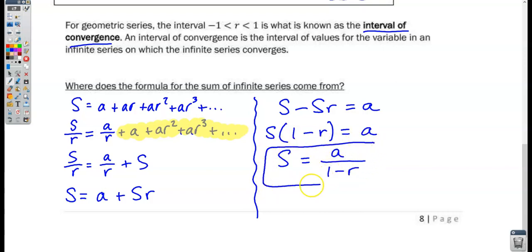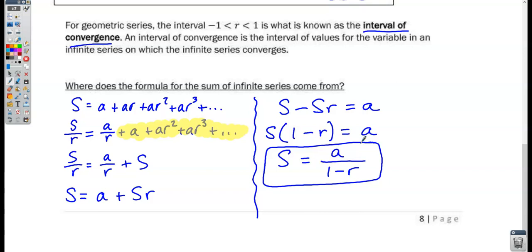And boom. There's where our formula comes from. Okay, and that holds any time that the absolute value of R is less than 1. All right, so there's where that comes from.